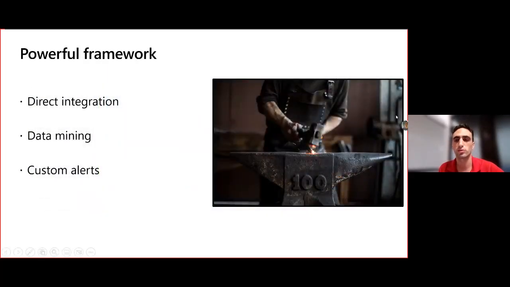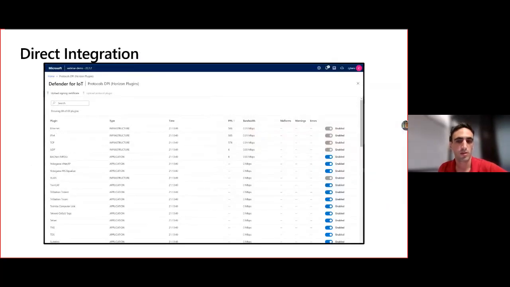Now, this framework is really powerful. It has direct integration, as I said, into the sensor, and it supports the data mining and custom alerts functionality of our sensors, which I'll show immediately. Each plugin that is created can be uploaded to the sensor without any downtime, without having to wait for a maintenance window.